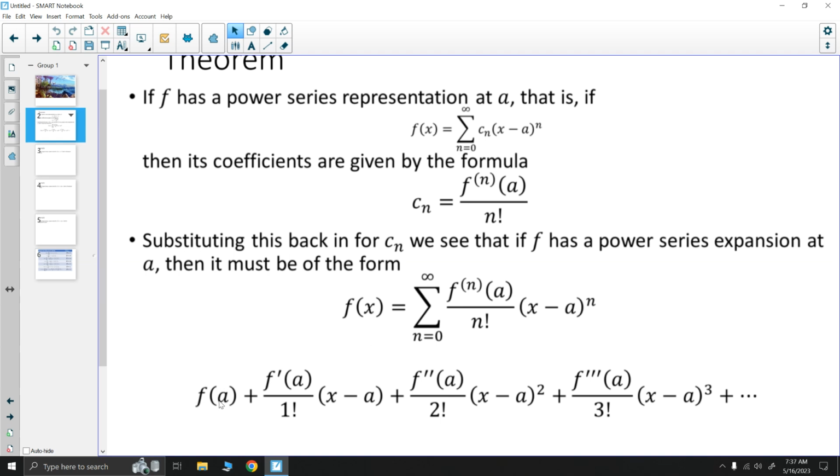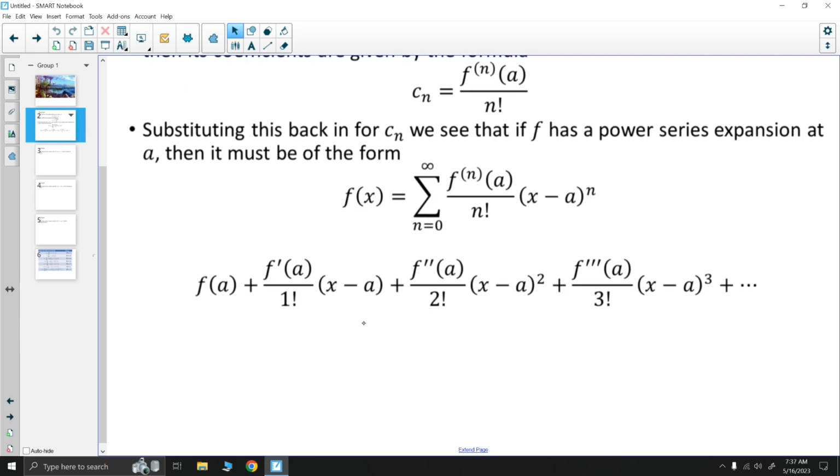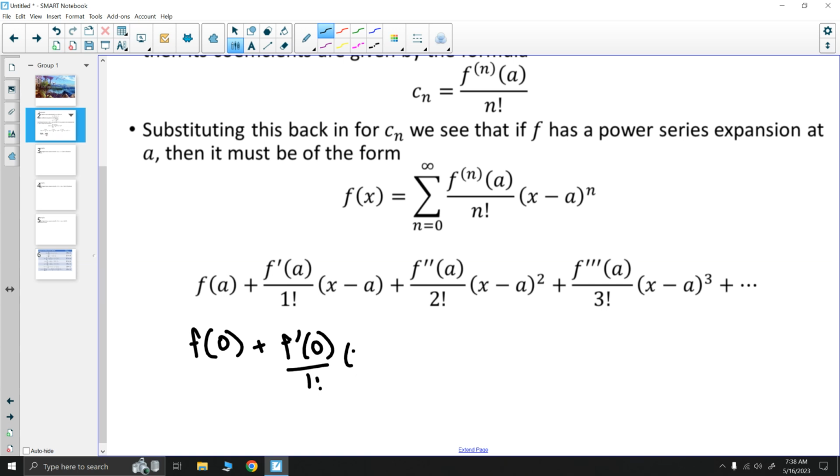So if it's a Maclaurin series, it would be f of 0, because our center point would be 0, plus, but we can center it anywhere we want, plus f prime of 0 over 1 factorial times x. So this is the Maclaurin, where a is 0, plus the second derivative of f at 0 over 2 factorial times x squared, and so on and so forth.